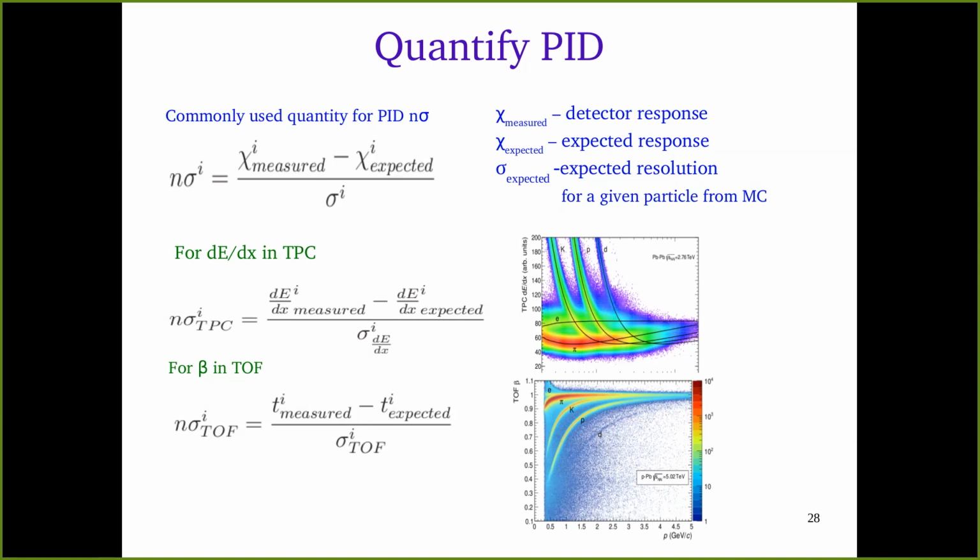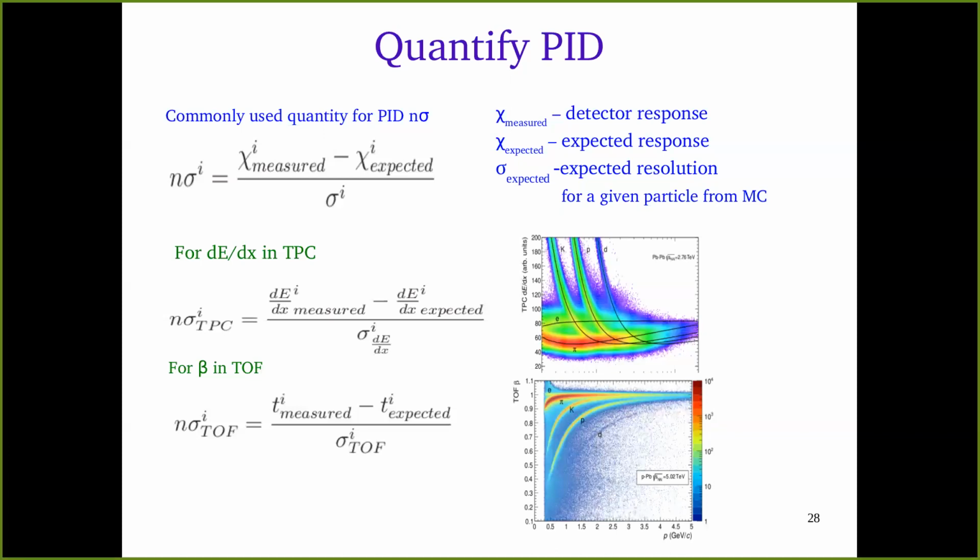Then you analyze those tracks to extract the information about their kinematics and also the information about the PIDs. So how do you extract the information about the PID?